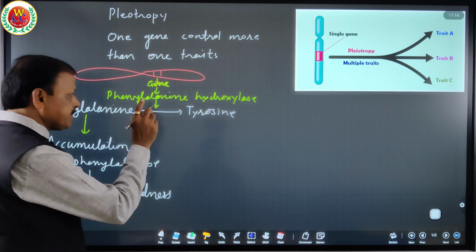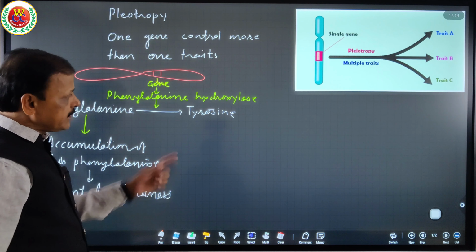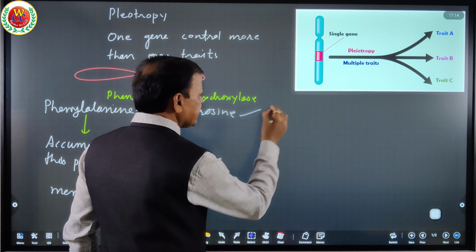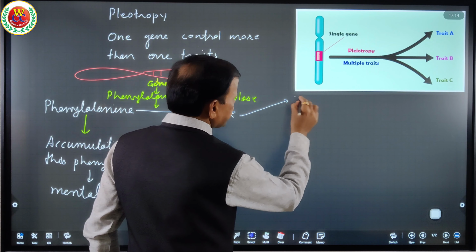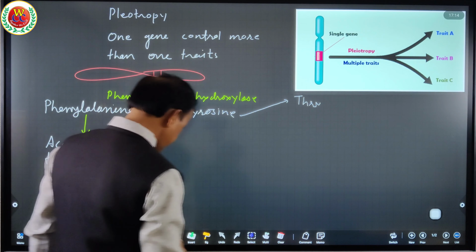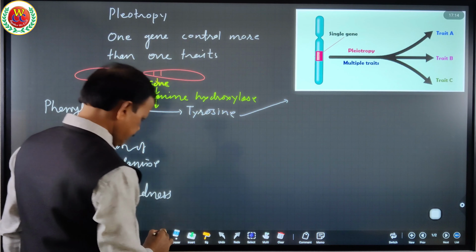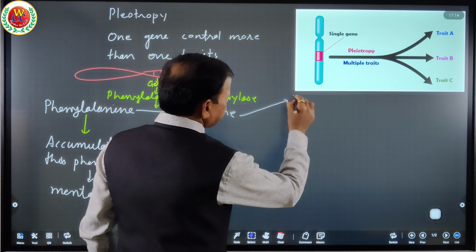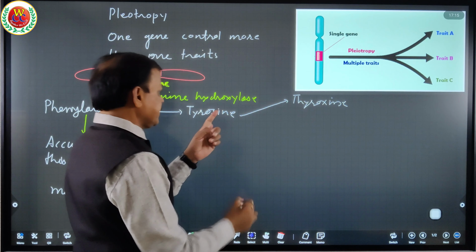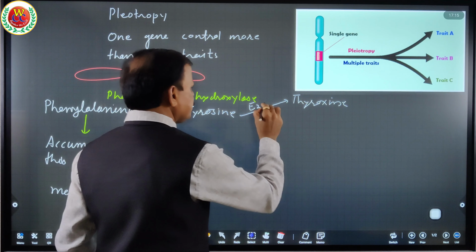Now at the same time, when this gene is in recessive form and does not produce phenylalanine hydroxylase, then tyrosine is not produced, and thereby tyrosine which is converted further into thyroxine is not produced. Suppose this is the E1 enzyme, this is the E2 enzyme.